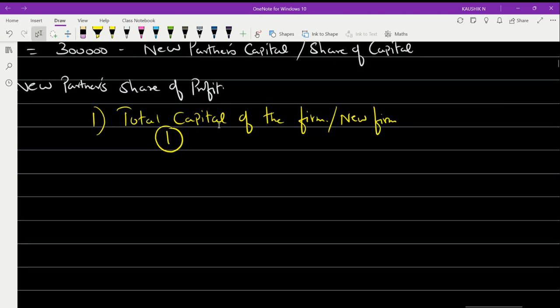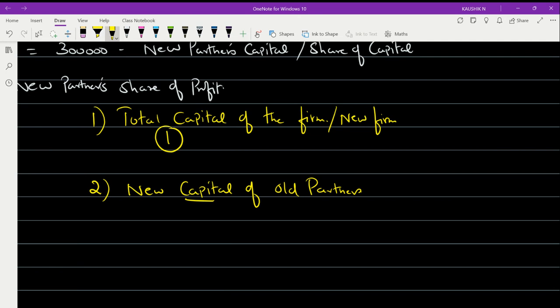Now the second step asks us to find the new capital of old partners. It is the new capital of old partners because we are now bringing one person inside the business, and obviously the profit sharing ratio will change.